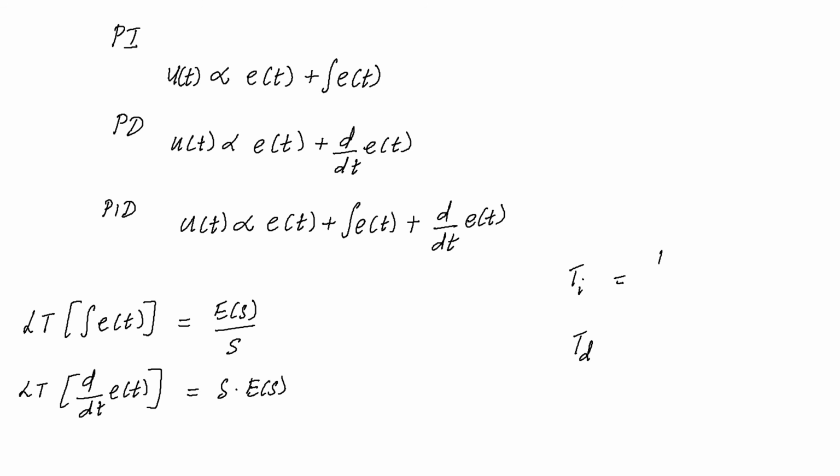Ti is equal to Kp divided by Ki, right? And Td is equal to Kd by Kp. Okay. So if you know all these things, you can derive the equations for all three types of controllers. Okay.